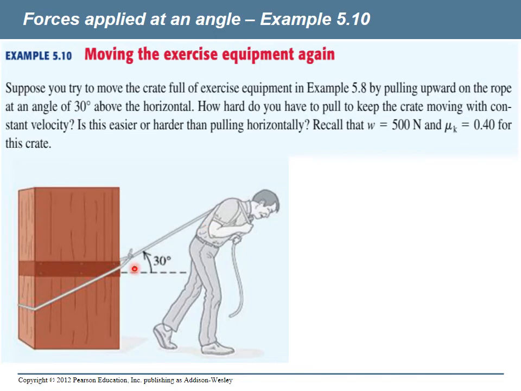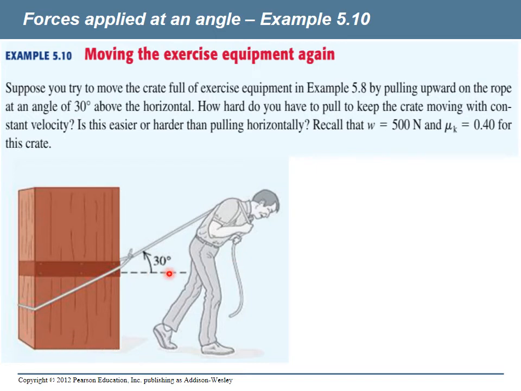So we have 200 sine of 30 as our y component. So that's 100 newtons. So we're effectively reducing the normal force by 100 newtons because we're lifting up 100 newtons. Then our normal force would be the weight minus that 100, so it'll only be 400 newtons, right? And then we could say our frictional force would be 400 times 0.4, so it'd be 160 newtons. So we've reduced the frictional force there, right?